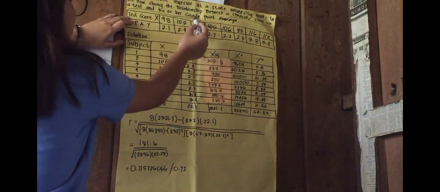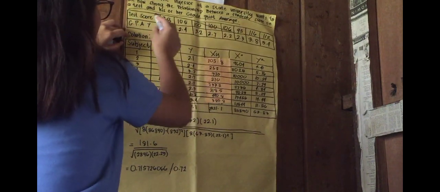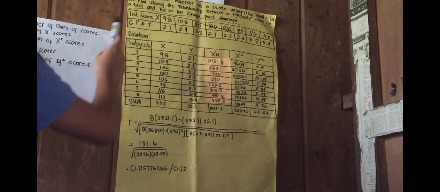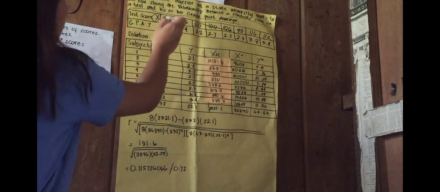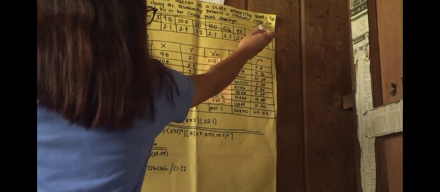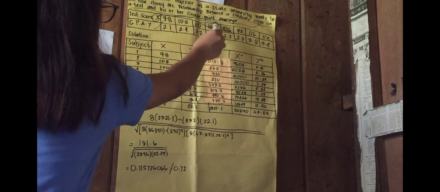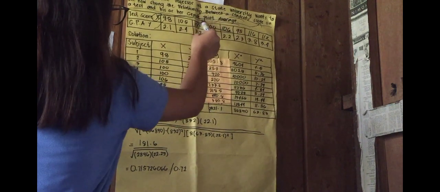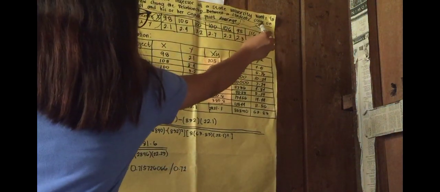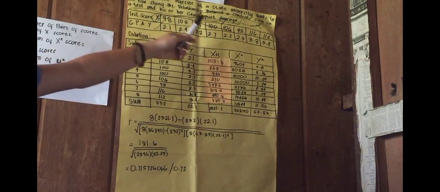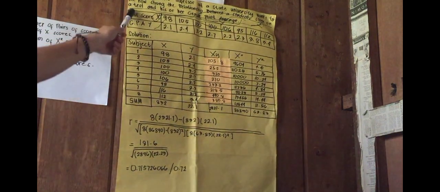This is the score, x, and this is the grade point average, y. So this is a table, and that is the example given.